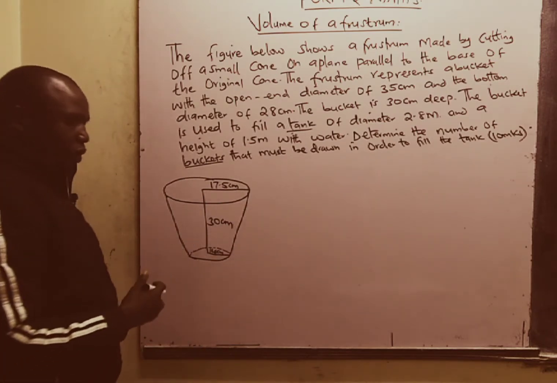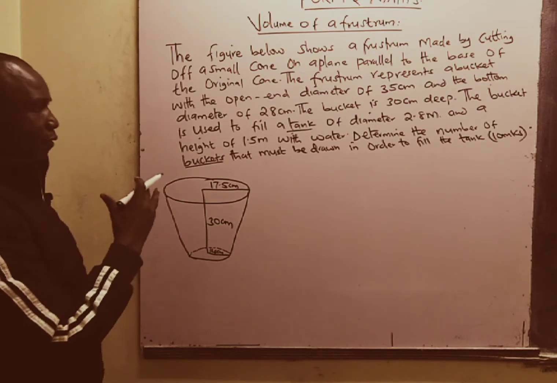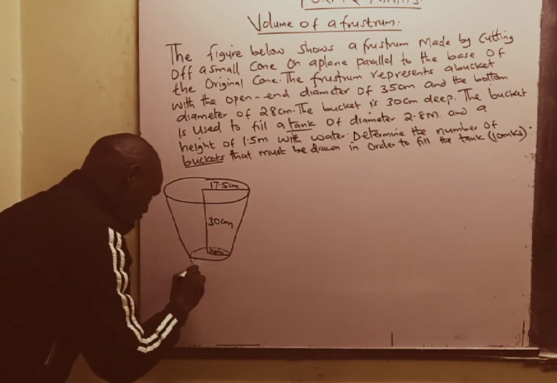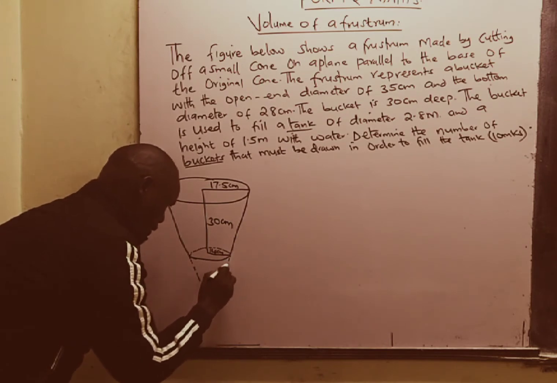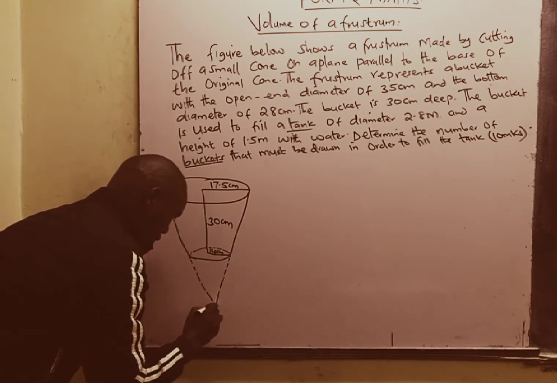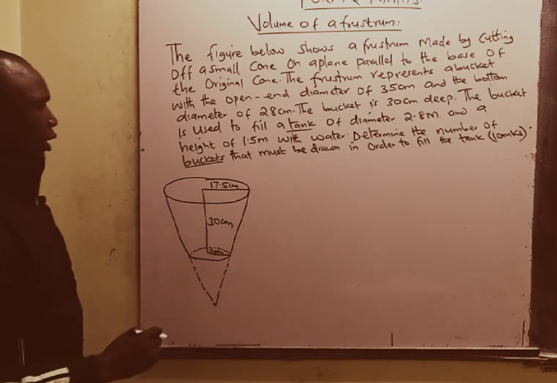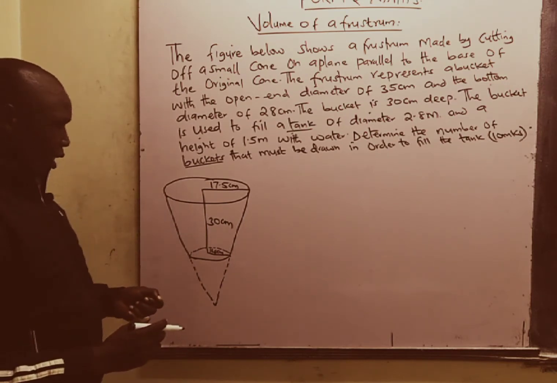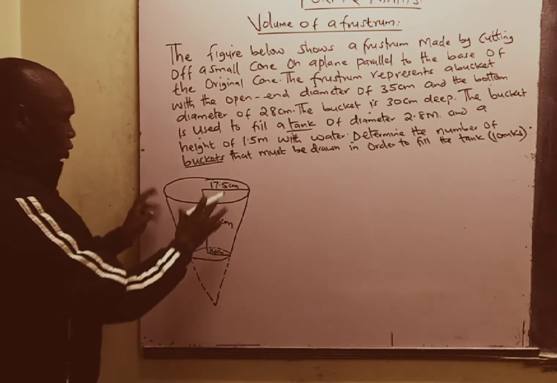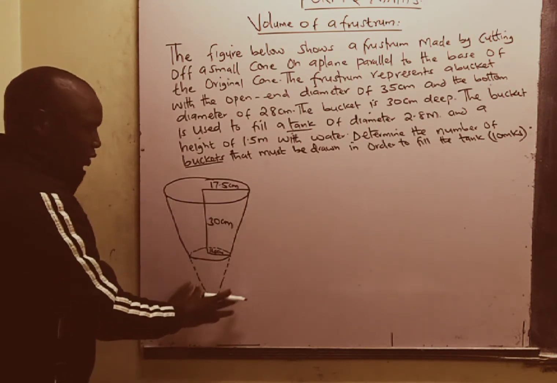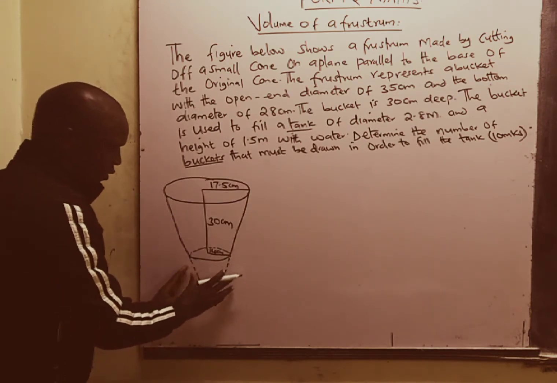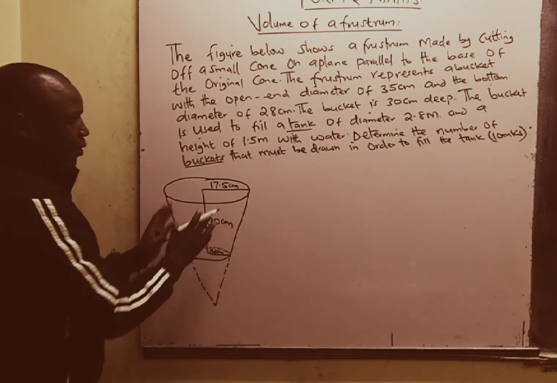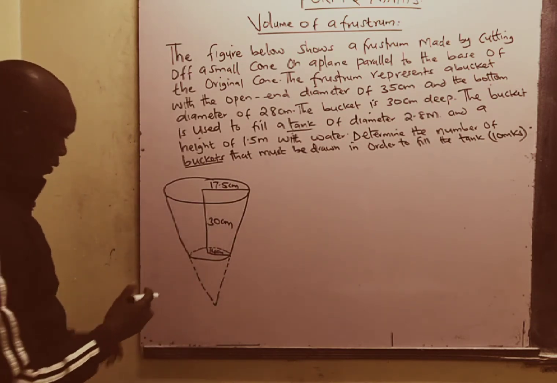Anytime you get a question involving the frustum or simply the bucket, just extend it so that we can form what we call a cone, since you cannot get the volume of a frustum directly. Once you form the cone, we get the volume of the entire cone minus the volume of the small cone that we have extended, so that we remain with the volume of the frustum.